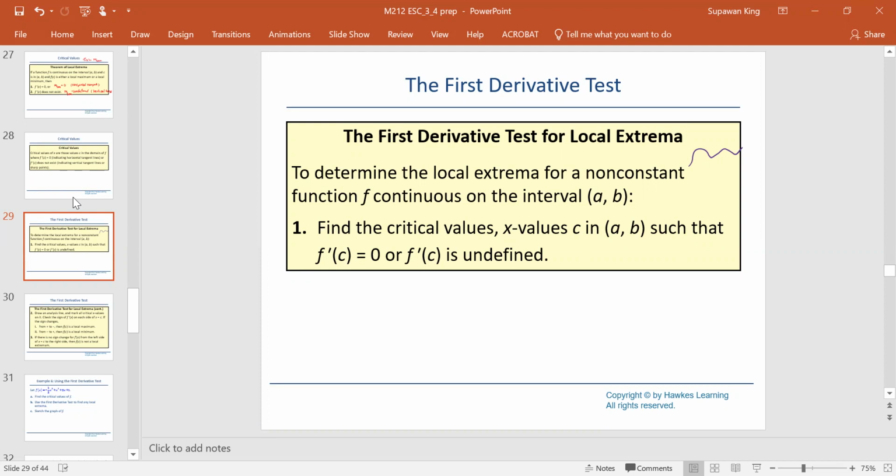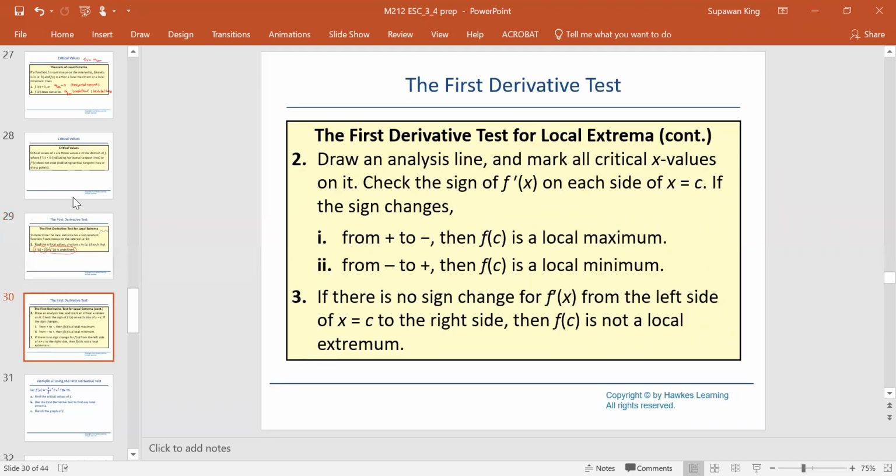Step 1, find the critical values, which are the x values c in the interval (a, b) such that f prime at c equals 0 or f prime at c is undefined, to identify either the horizontal tangent or the vertical tangent at that point c. Step 2, we draw a real number line like what we did before to identify the increasing and decreasing graph, and then mark all the critical x values on it.